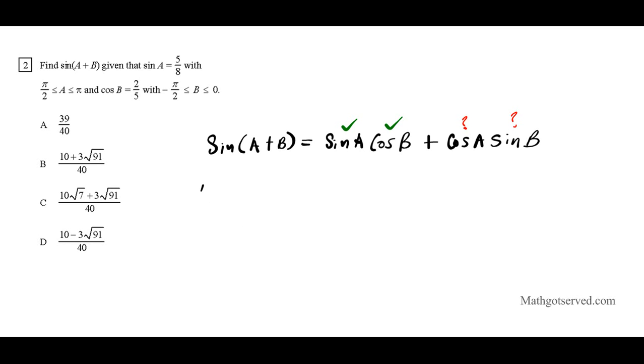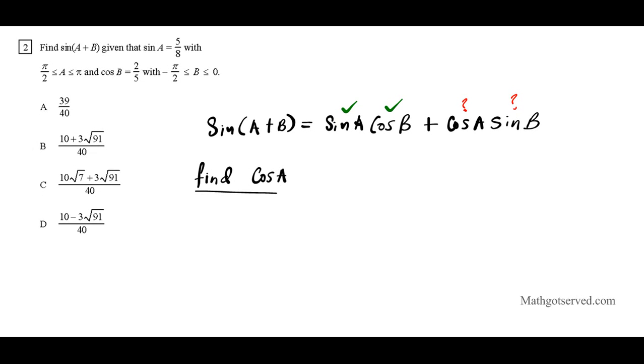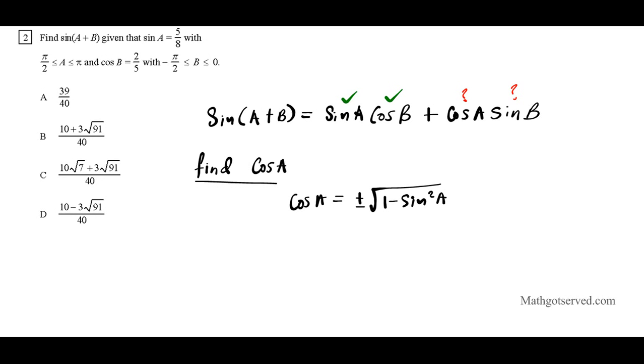First, let's find cosine A. We're going to use the identity cosine A equals plus or minus the square root of 1 minus sine squared A. Applying that, cosine A equals plus or minus the square root of 1 minus 5 over 8 squared.